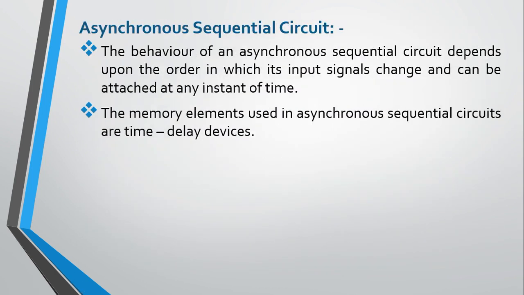So now what is asynchronous sequential? Whenever you use a sequential circuit, its behavior depends on the input signals and is attached to specified time intervals. So that is called an asynchronous sequential circuit.